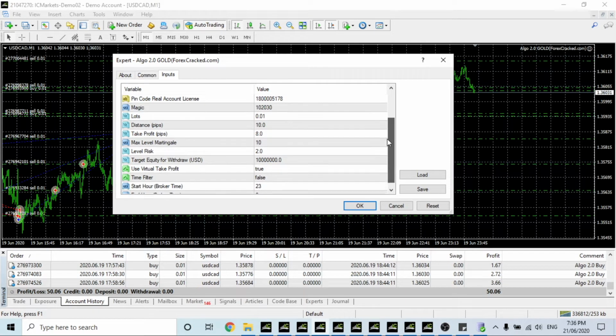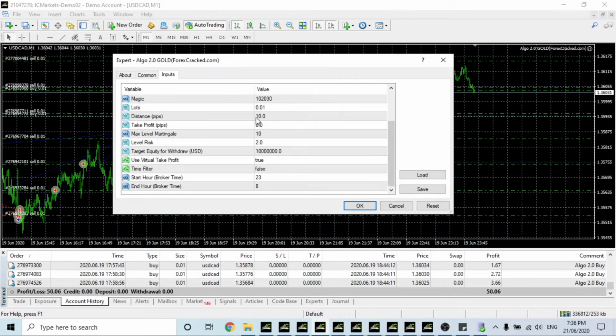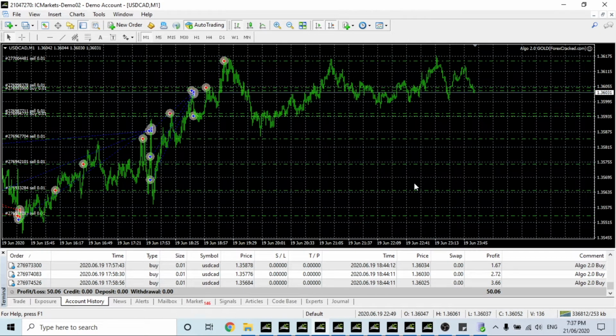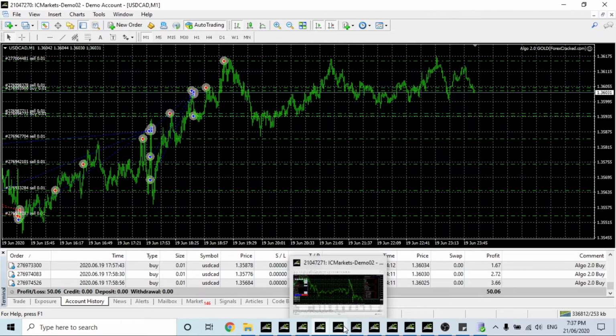Everything else is pretty much standard, apart from the max level martingale, which I changed to 10. That's all I changed, otherwise it's at 99. So yeah, 10 was good. We'll see how it goes next week.